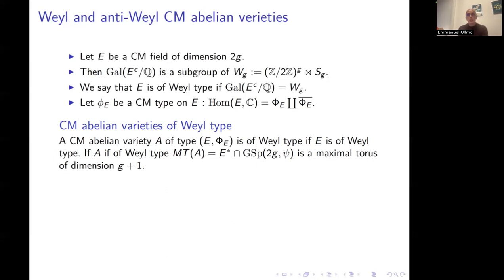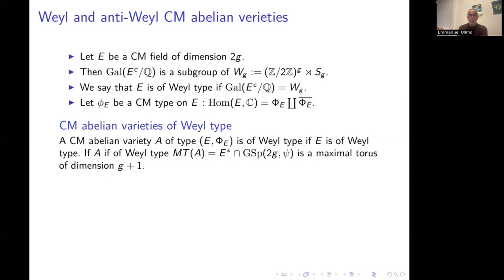And so I'm just defining what is an abelian variety of Weil type. It's just an abelian variety associated to a couple E and a CM type Phi, with E of Weil type.